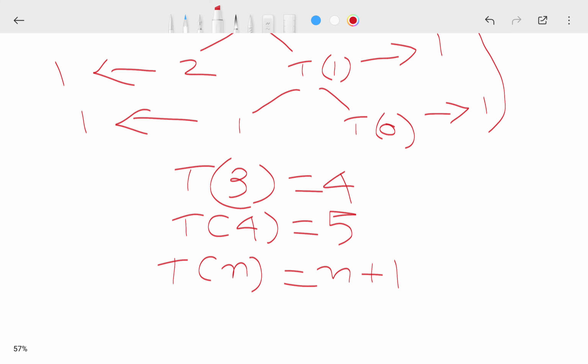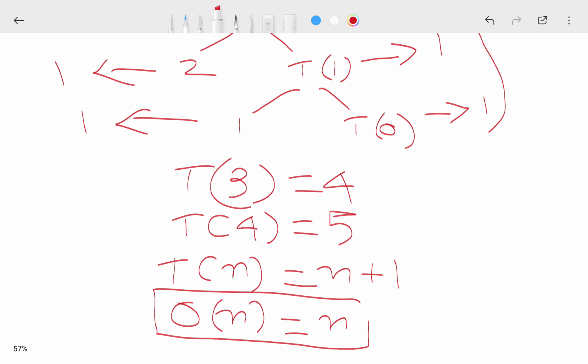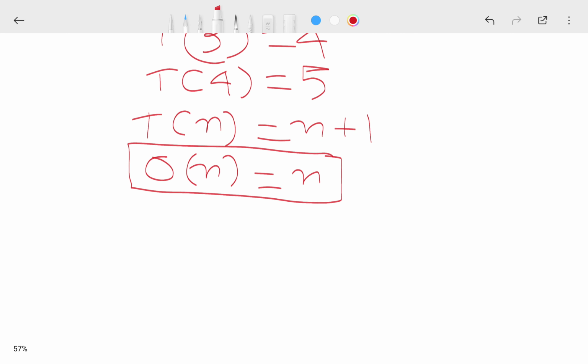If we represent this in big O notation, it is O of n. This is the time complexity of this recursive function, derived by using the tree approach. Now one more approach is the substitution method.